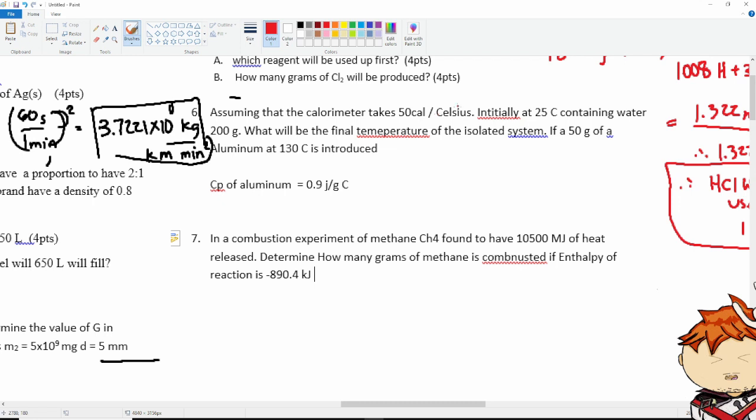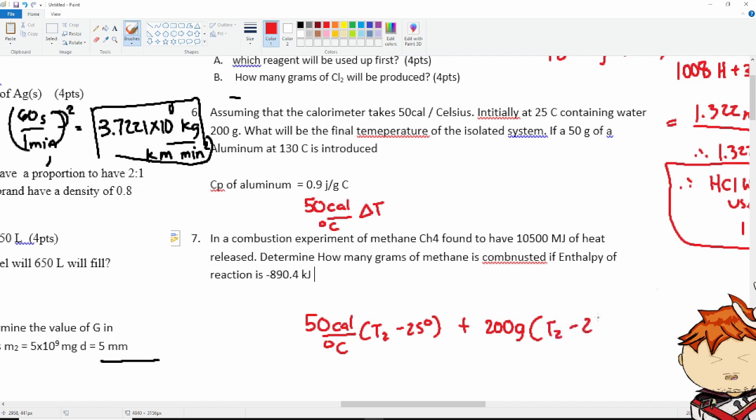Assuming that the calorimeter takes 50 calories per Celsius, the formula for that is just delta T. Initially, at 25 Celsius containing water, meaning your calorimeter and your water at T1 is 25 degrees Celsius. Your water is 200 grams.